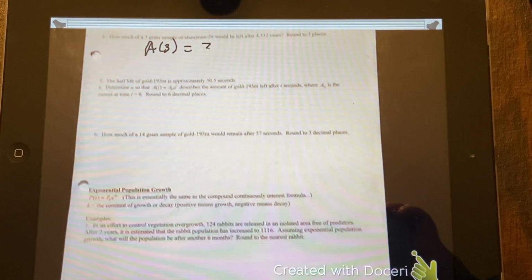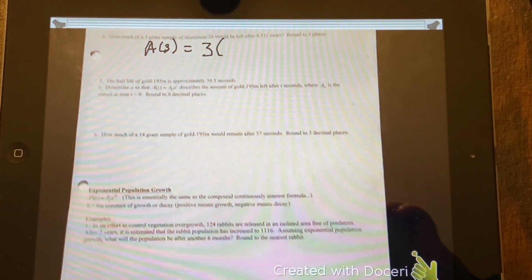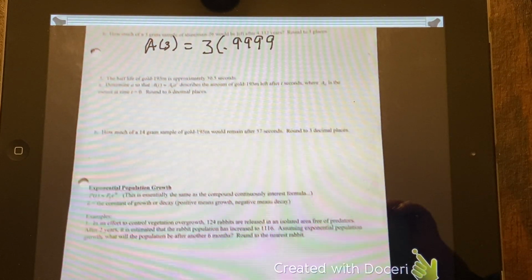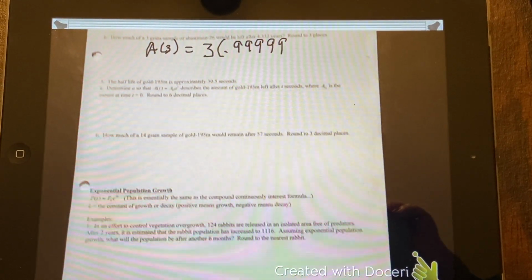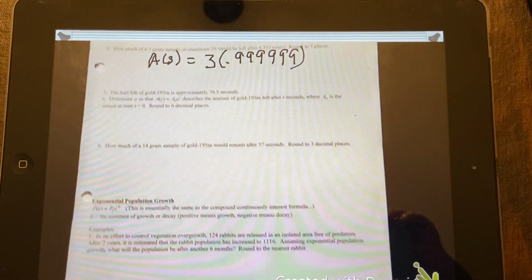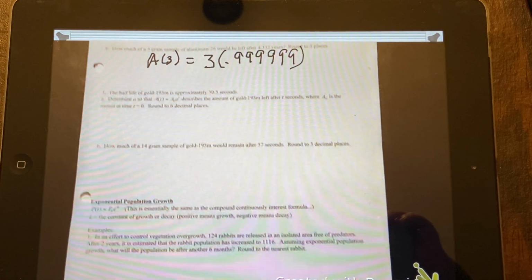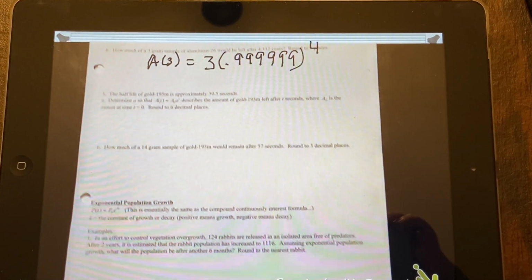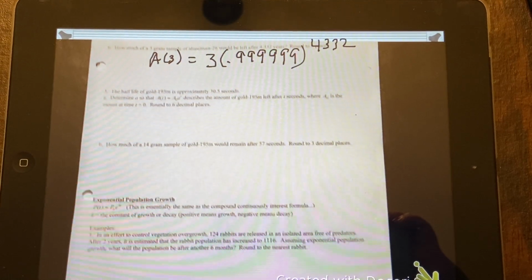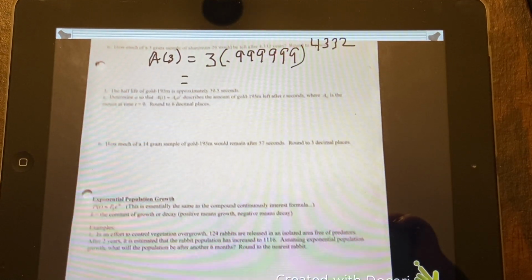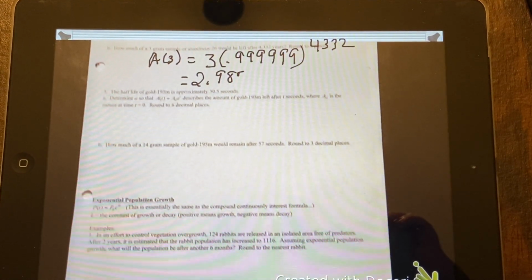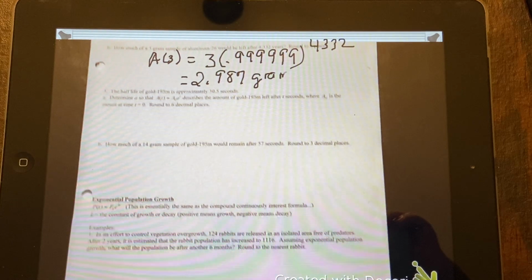I'm going to begin with 3, but I know that A is representing that rate of decay, if you will. And so I'm going to take it to the 4,332 power. And just using my calculator, I'm going to get 2.987 grams.